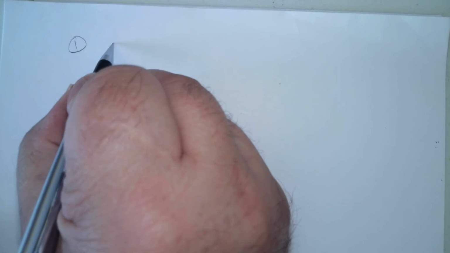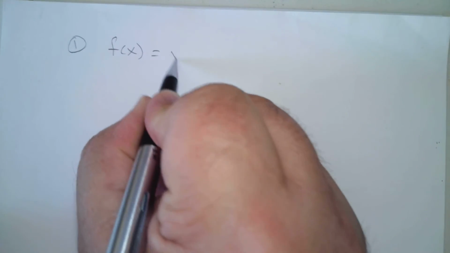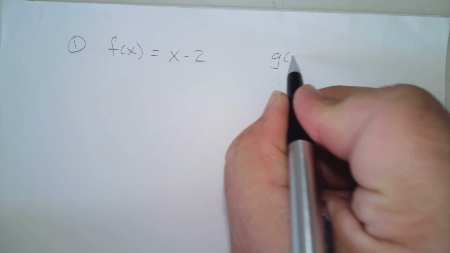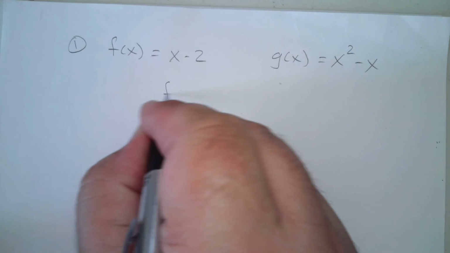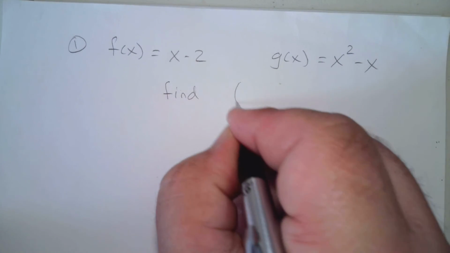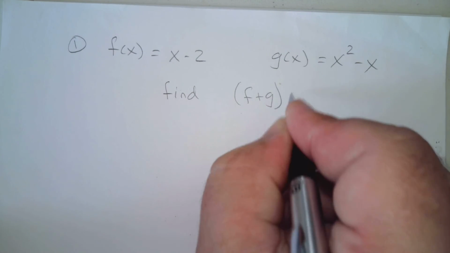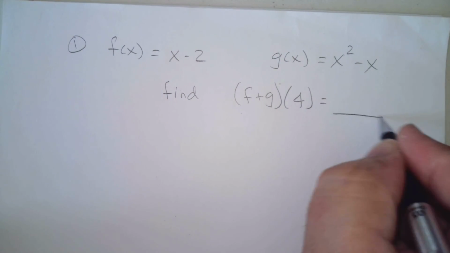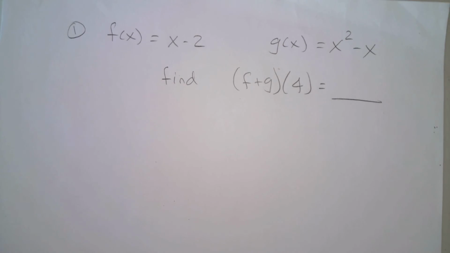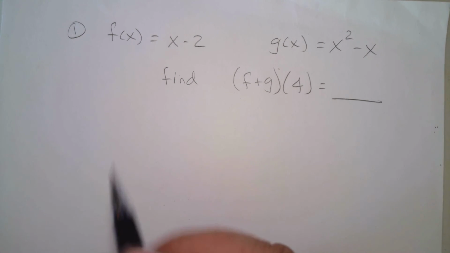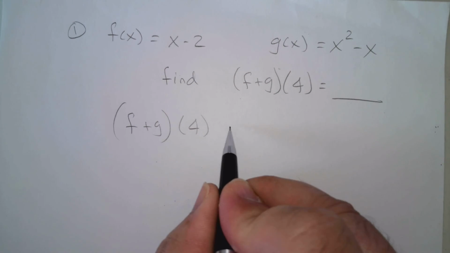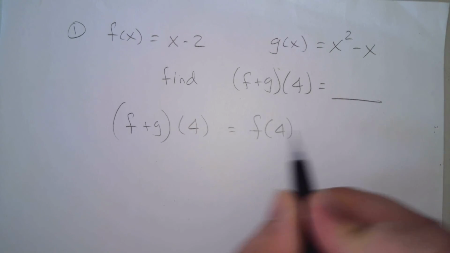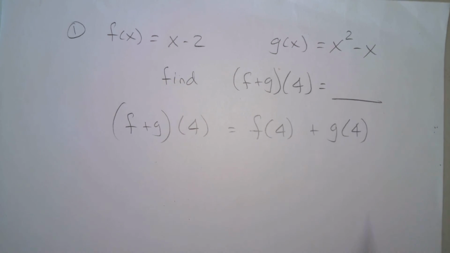Yeah, obviously the right-hand side is much easier. So f of x equals x minus 2. G of x equals x squared minus x. Find f plus g of 4. F plus g of 4 is equal to f of 4 plus g of 4.